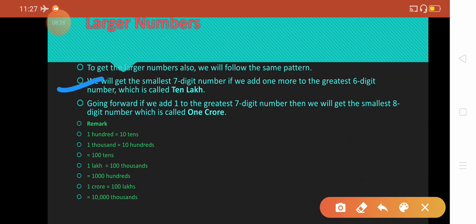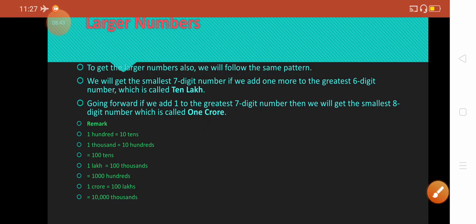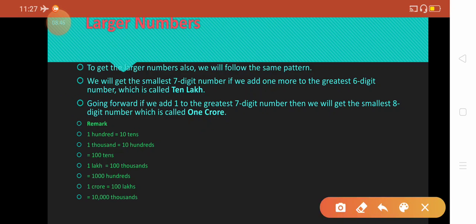Now in next, if you want to get 1 crore, 1 crore has how many places? 8 places. So what you have to do? You have to add 1 to the greatest 7 digit number. What is being given here? You have to frame the smallest 8 digit number, which is 1 crore.